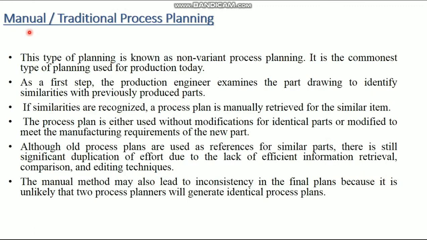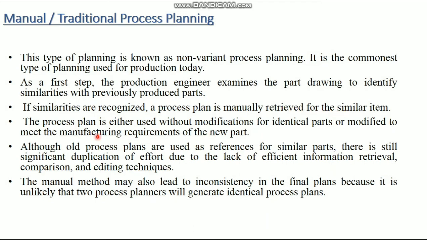Now you can see manual or traditional process planning. This type of planning is known as non-variant process planning. It is the commonest type of planning used for production today. As a first step, the production engineer examines the part drawing to identify similarities with previously produced products. If similarities are recognized, the process plan is manually retrieved from the similar item.